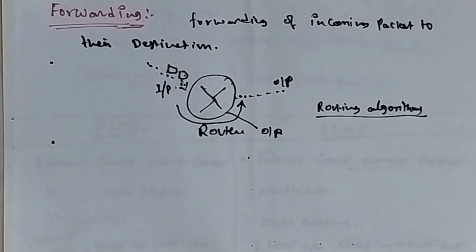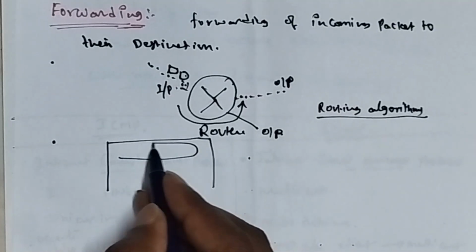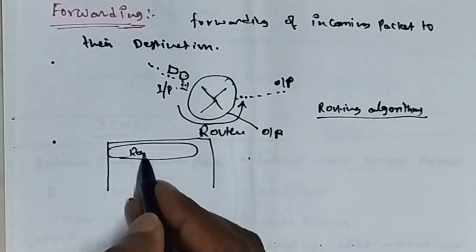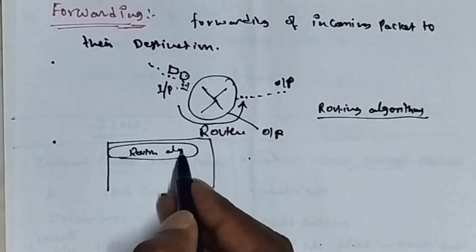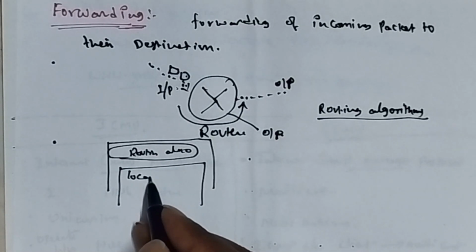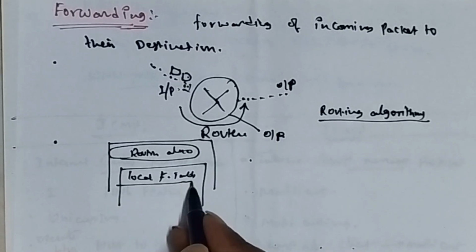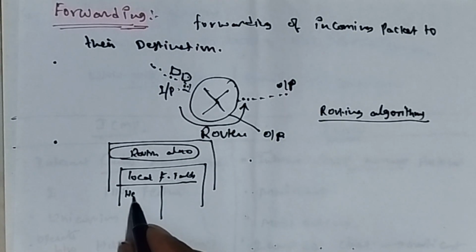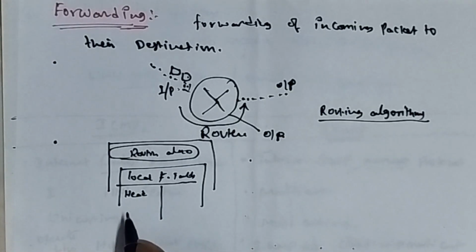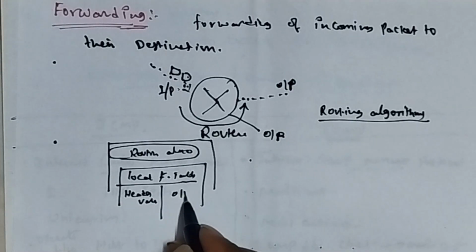Check here. What is the forwarding table here? That is nothing but the routing algorithm table. It contains the local forwarding table, which has two fields: header value and output link.